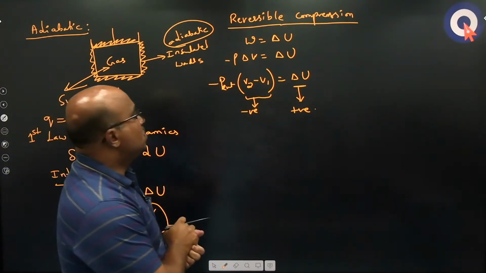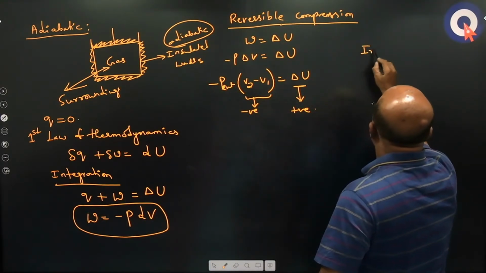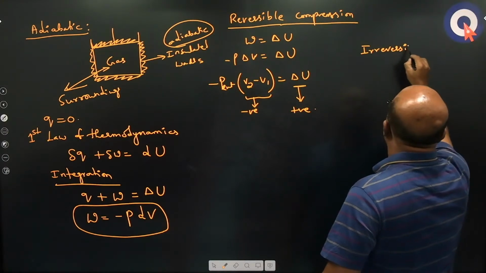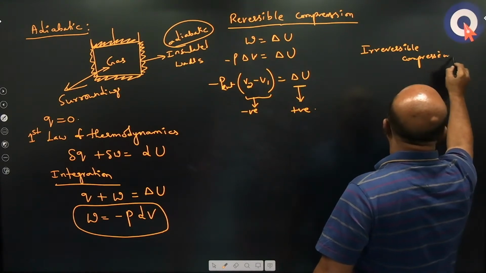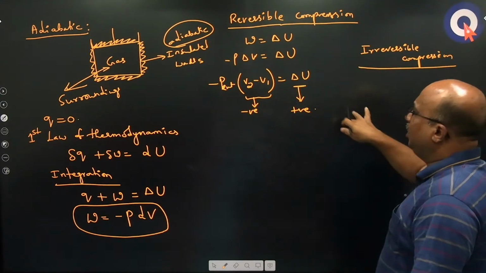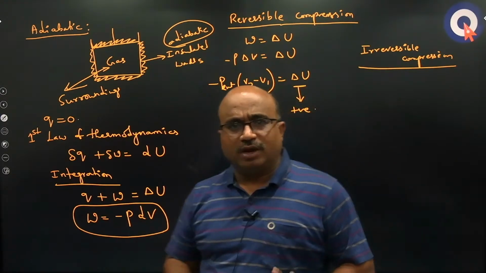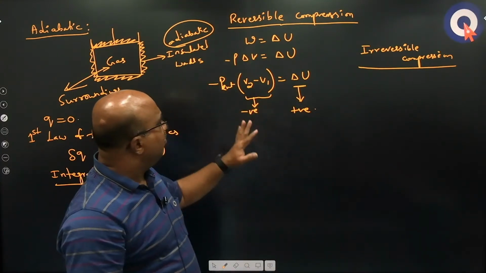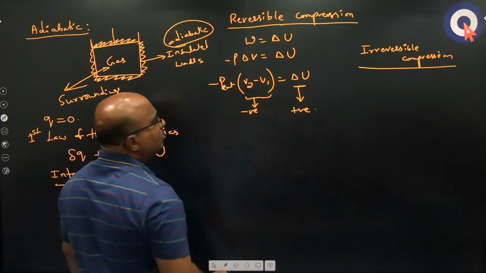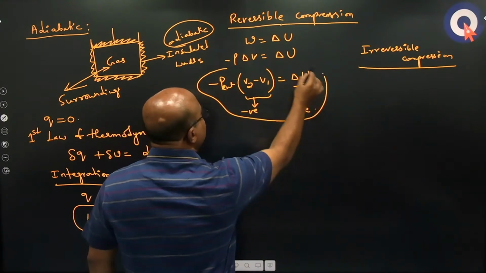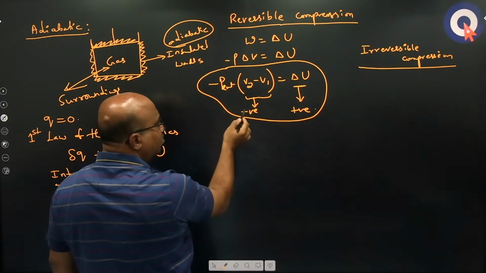Clear? So if it is irreversible compression, then also we use the same thing, but only we write the delta U part otherwise. The same thing, work will be PdV only, but we can't generally do it like P delta V. In case of reversible, we integrate it anyhow. But anyhow, if you take a simple expression, work becomes negative, minus of minus will become positive.